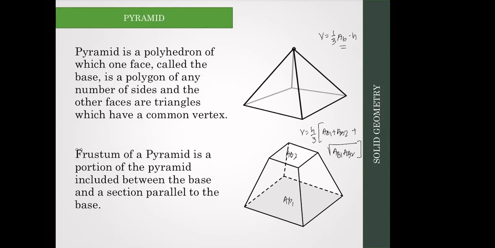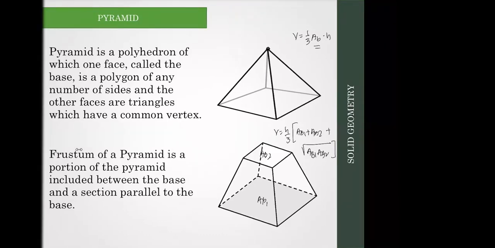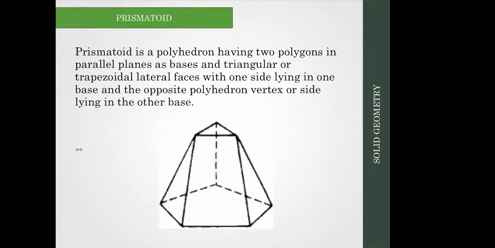Okay? Next. We have yung prismatoid na tinatawag natin kanina. So ang prismatoid is a polyhedron having two polygons in parallel planes as bases. Okay? So ito yung parallel bases na yun. Okay? So magkapantay sila, no? Parallel. Okay? Tapos yung faces natin, it's either triangular or trapezoidal lateral surfaces. So lateral, ibig sabihin, nag-slant siya, no?